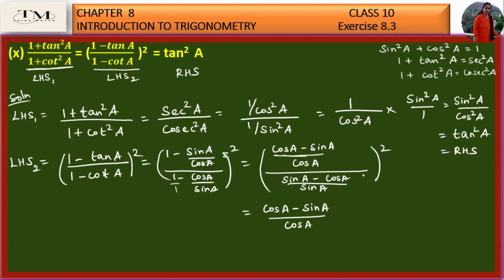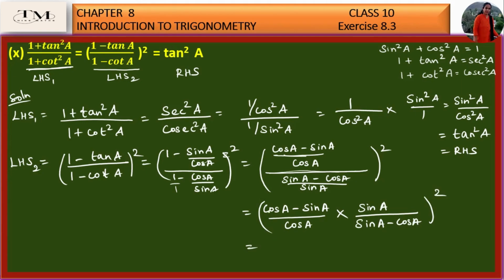Now we are going to take the denominator to the numerator. Division will change to product, and a by b will become b by a. So what is in the denominator? Sin A. It will go to the numerator. What is in the numerator? It will go to the denominator: sin A minus cos A, whole square.